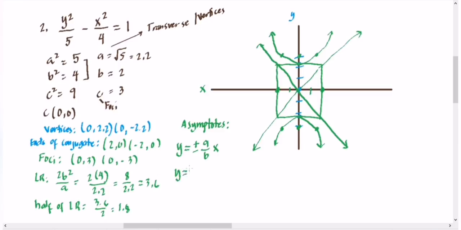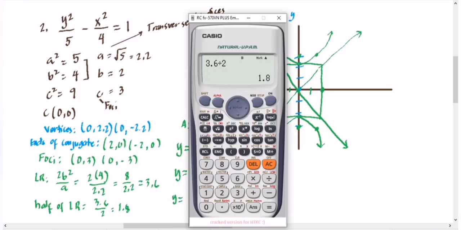So, y equals plus minus, kopya. Yung a natin ay 2.2. Then, yung b natin ay 2. So, that is equal to, lagyan mo pala ng x. Then, pwede mo i-divide. 2.2 divided by 2.